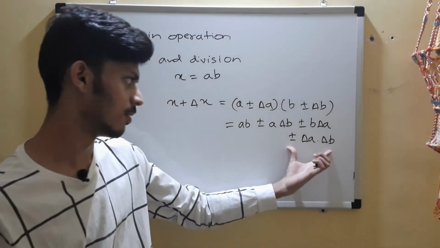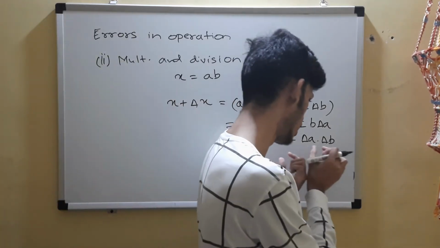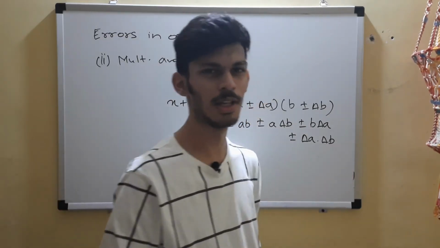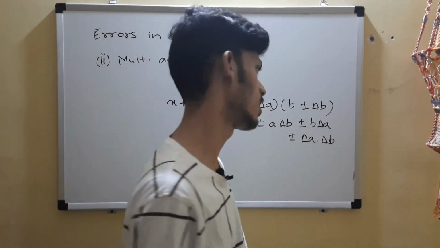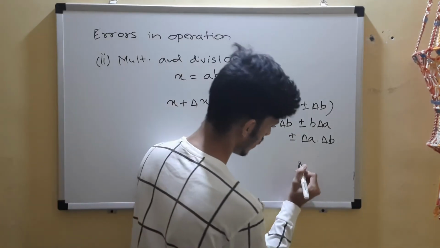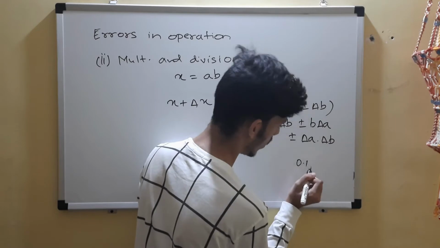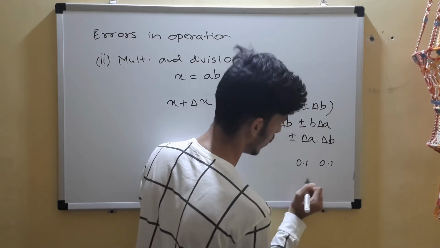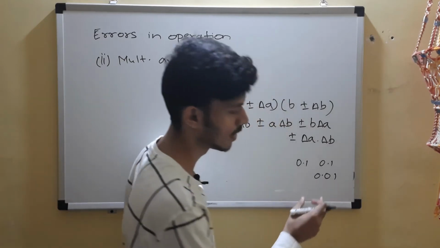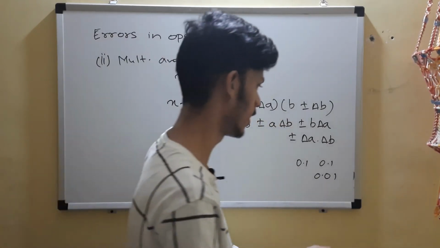But look at this. This is error of a into error of b. This will be very small. Errors are usually very small. So let's take this delta a as 0.1, and this also as 0.1. So what does it become? 0.01. So now it's getting even smaller.